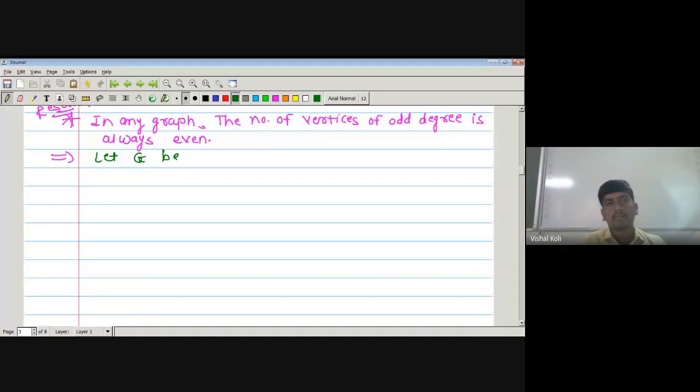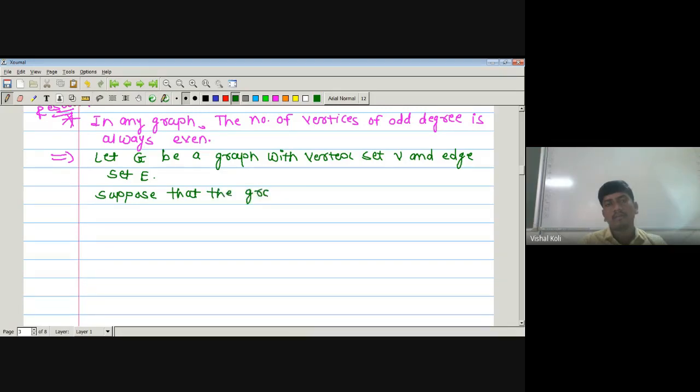Let G be a graph with vertex set V and edge set E. Suppose that the graph G contains n vertices and q edges.